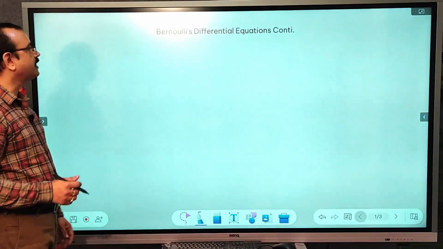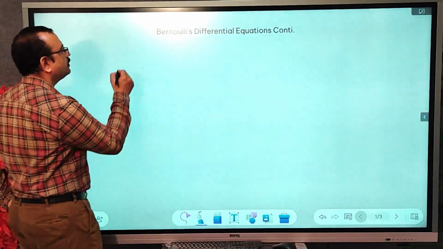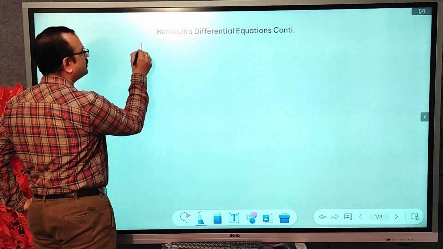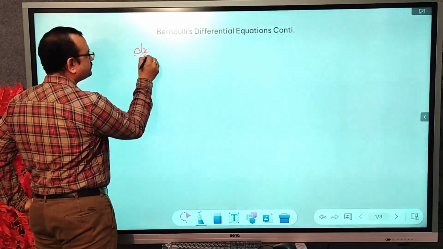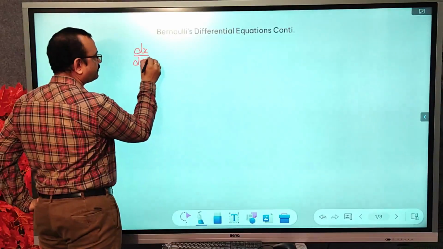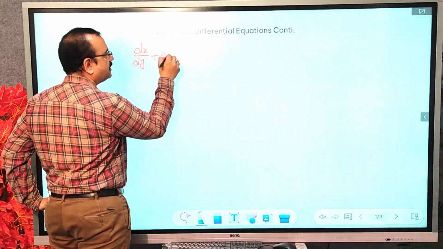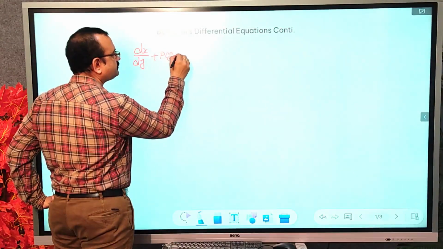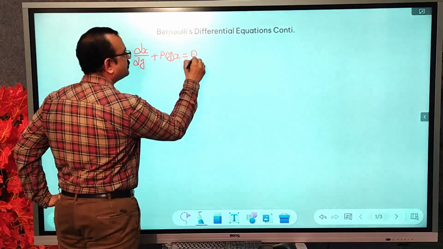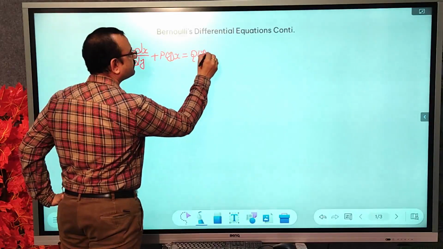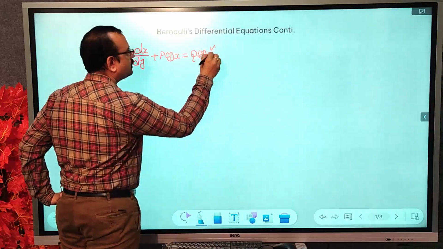So first of all, let me write the general form for Bernoulli's in the first order: dx by dy plus p of y into x is equal to q of y into x power n.